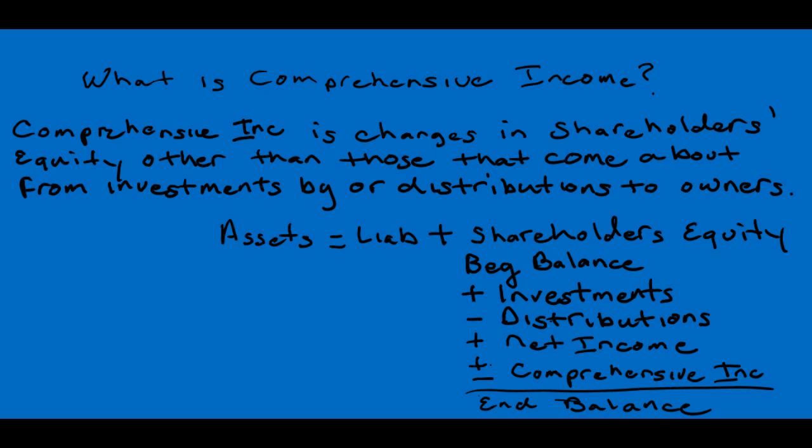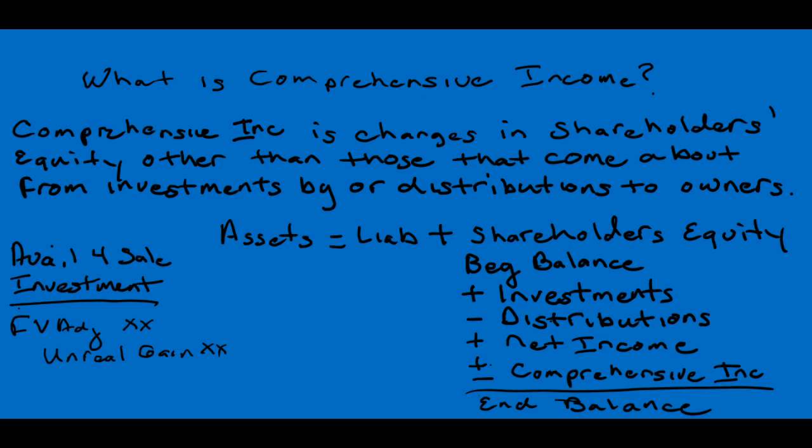Let's have an example of comprehensive income. You learned about available for sale investments in previous accounting courses, and you learned that available for sale investments were written up or down to their market value on the balance sheet date.